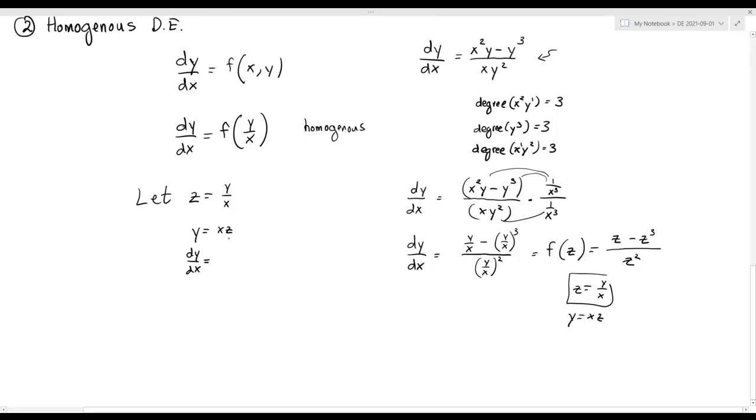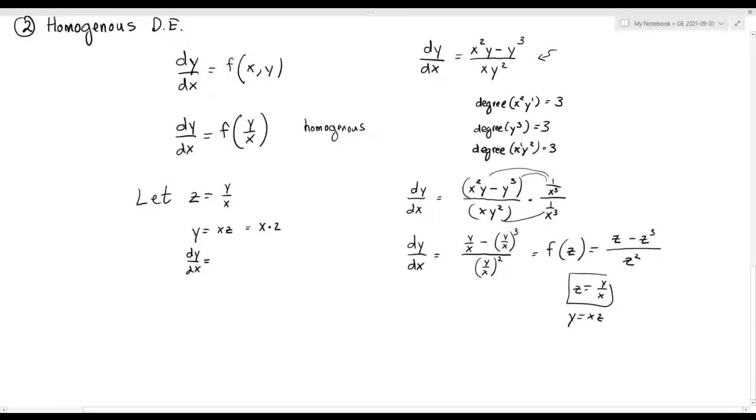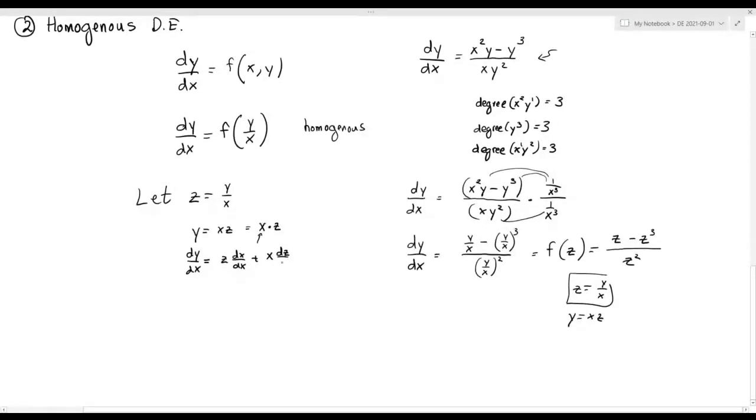We're going to have to use the product rule. So we're going to differentiate our product with respect to x, differentiating the first factor with respect to x, leaving the second factor alone, plus leaving the first factor alone but differentiating the second one with respect to x.